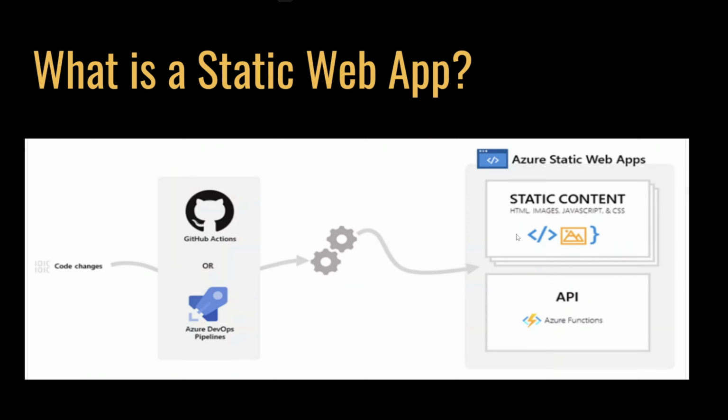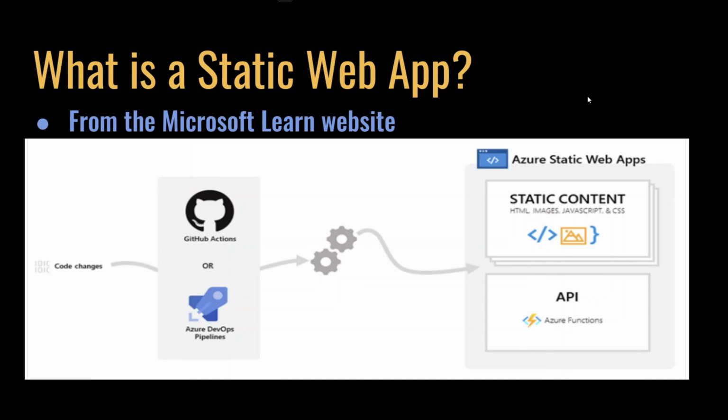And I just thought I'd include this diagram, which is actually pinched from the Microsoft Learn website, and it depicts what an Azure Static Web App is. Over here is our code, which we've probably written in Visual Studio or VS Code or the editor of our choice.